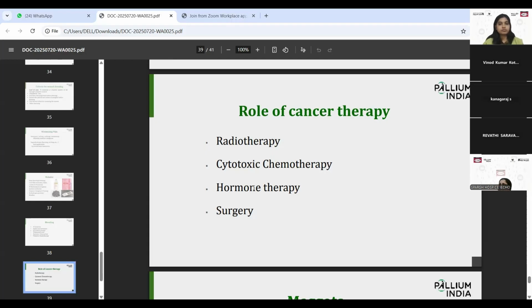We can go with radiotherapy, cytotoxic chemotherapy, hormonal therapy, and surgery also, if the patient is willing and ready for that. We can go with the cancer therapies to reduce the fungating wound, so reduce the risk of fungating wounds. Next slide.